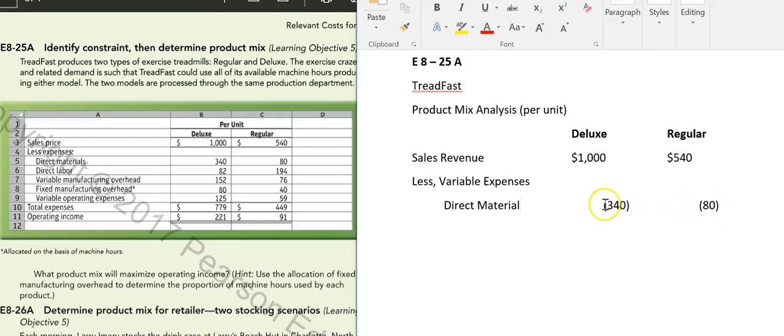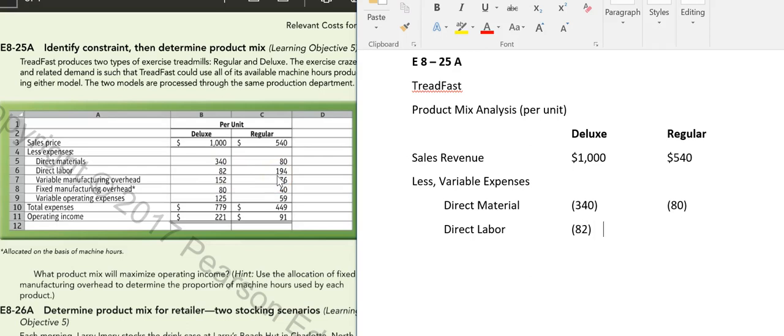Now, next line we will do direct labor. Direct labor is given. You see here, deluxe is 82 and regular is 194. So let's subtract our direct labor expense.